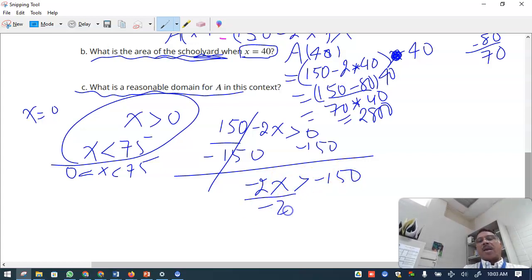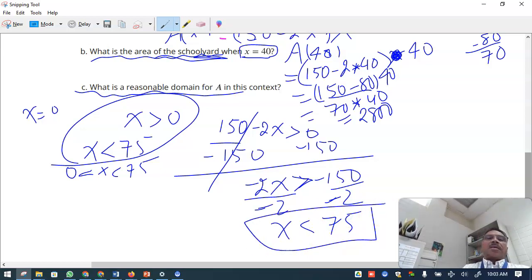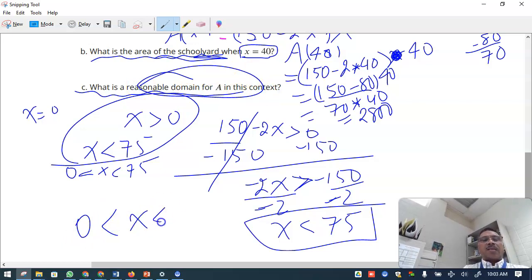Then divide by negative 2, and because you're dividing by a negative, you switch the sign of the inequality. That's how you get the reasonable domain: 0 less than x less than 75.